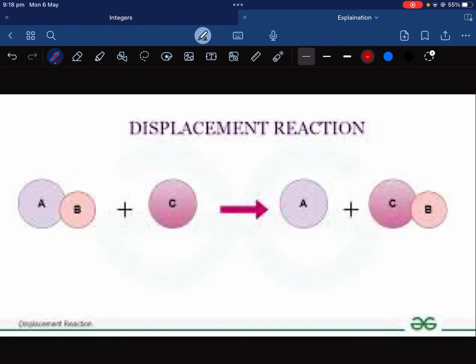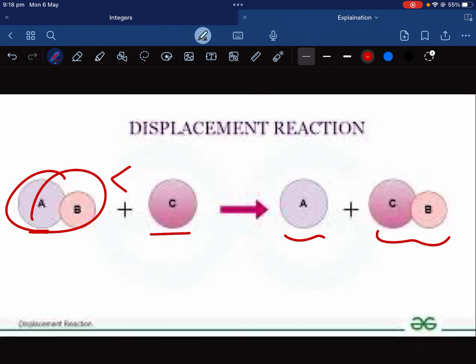We have a compound, for example, and this is A element and this is C element. C element is more reactive than A element. Thus, C replaces the A and this becomes A plus CB.